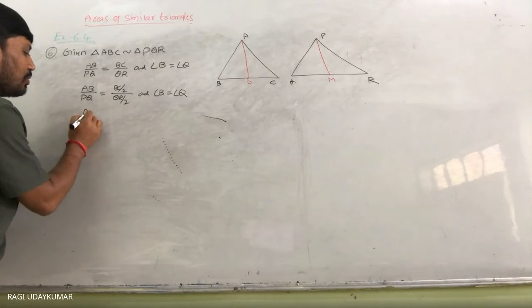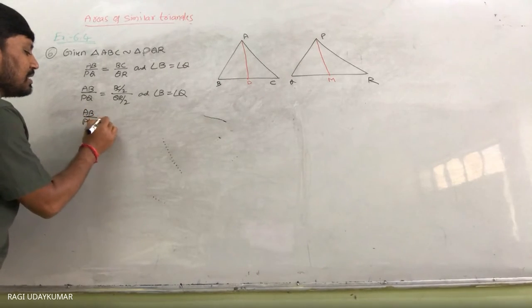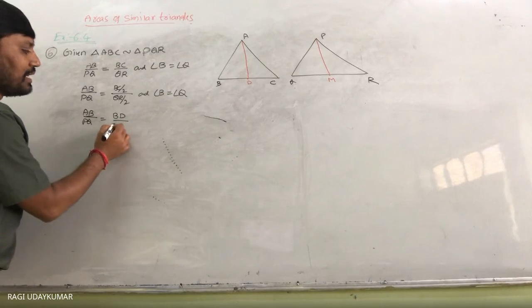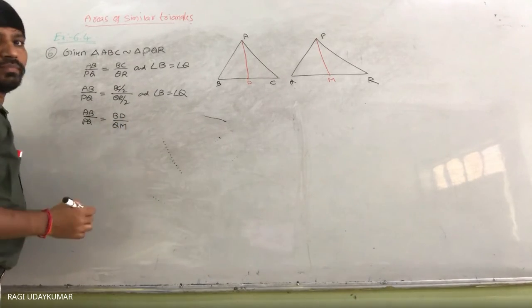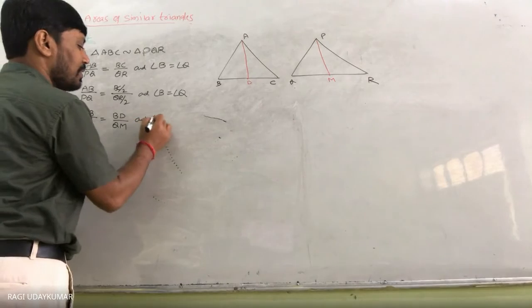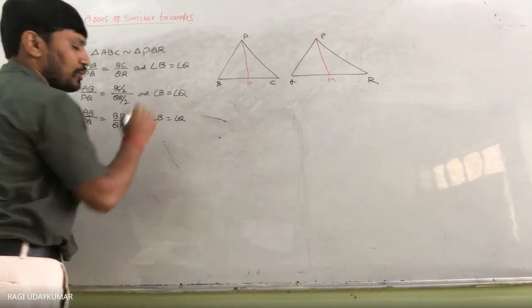BD. So AB by PQ is equal to BD by QM, and angle B is equal to angle Q.